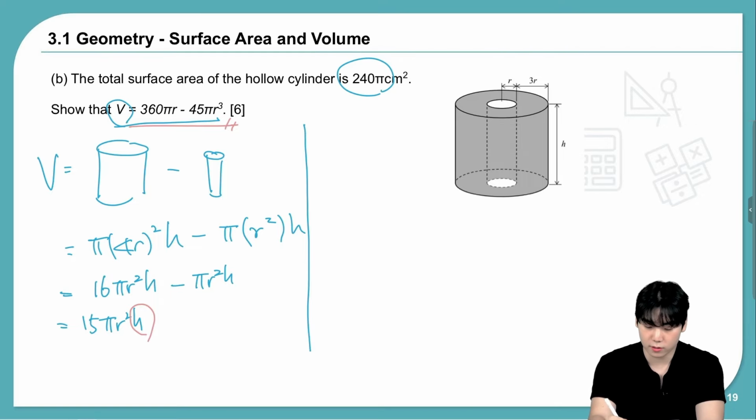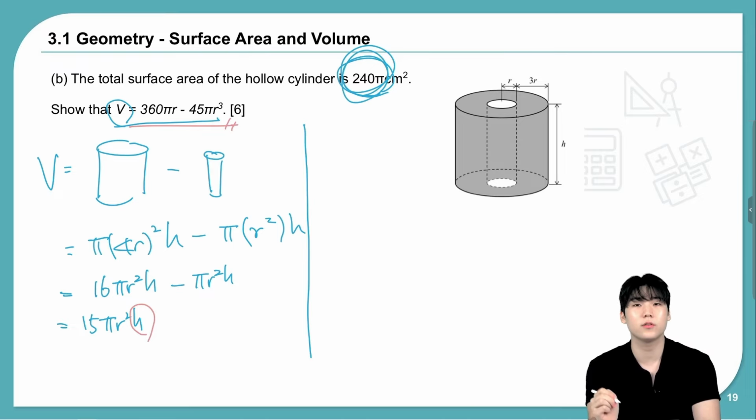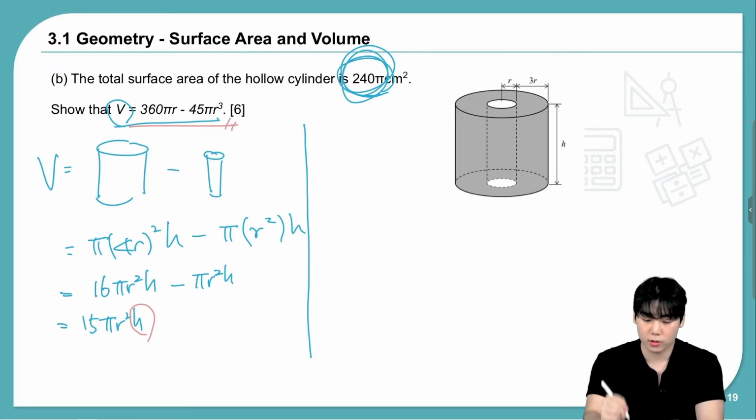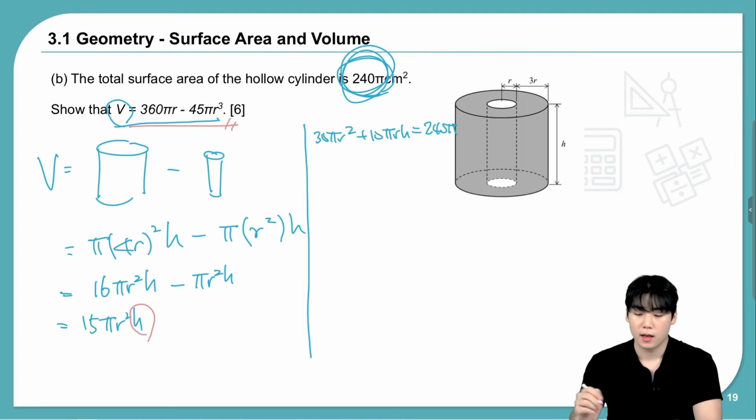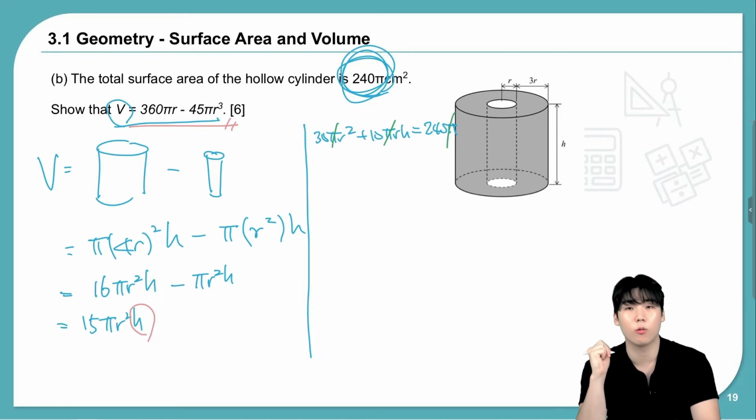I have to make use of the given information that the surface area was 240 pi. So the surface area, what was the equation of the surface area? 30 pi r squared plus 10 pi RH is equal to 240 pi. That's the given equation, right? I'm going to cancel out the pi's because I can. I want my equation as light as possible.